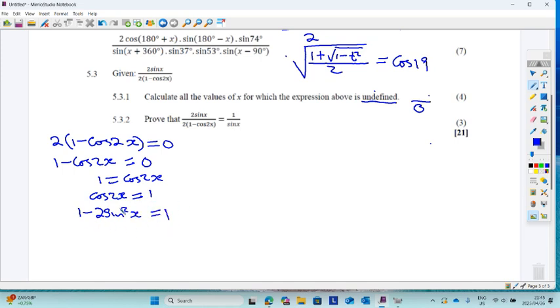Let it go to the other side, we have a 0, and then divide by negative 2 both sides. We are left with sine x squared is equal to 0, which simplifies to sine x is equal to 0. Now we want the values of x for this boundary equation.